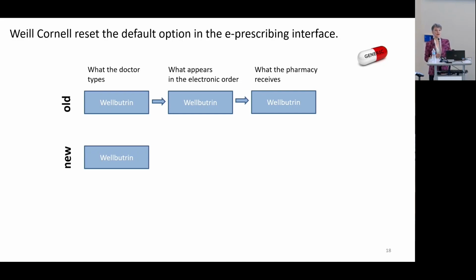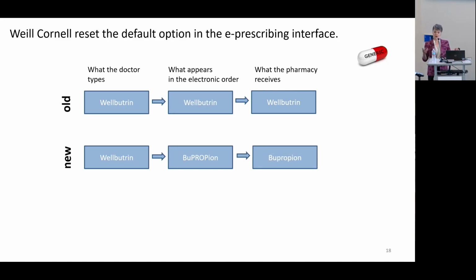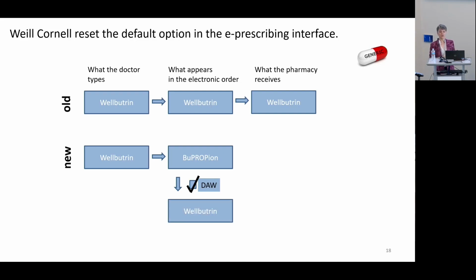Doctor types or selects the brand name, and then behind the scenes, the order auto-populates with the generic name. If that's okay, then that's what goes to the pharmacy and end of story. However, maybe you actually want the brand name, in which case, all you have to do is click one little box that says dispense as written, and you will revert back to the brand name, and then that's what goes out.